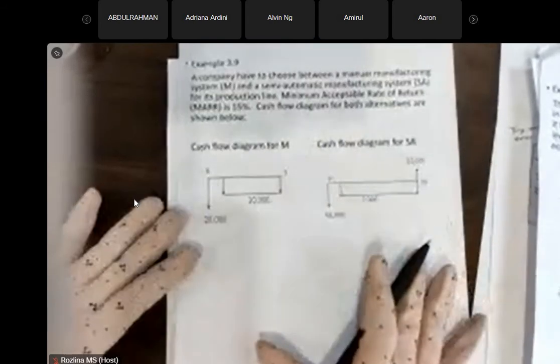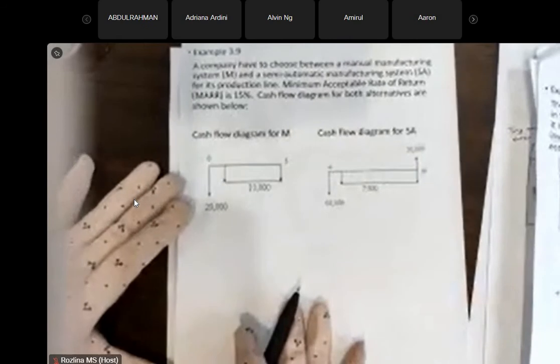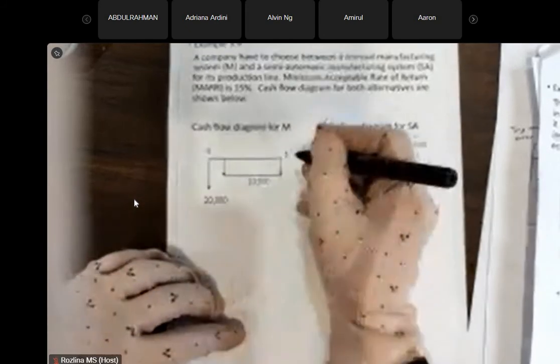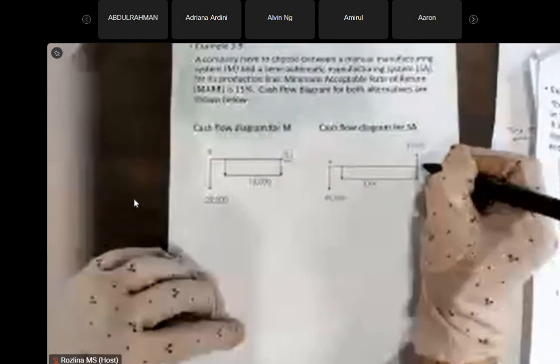But here, what is different compared to the previous one? It is different years.